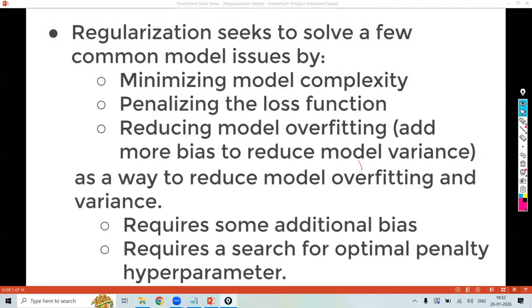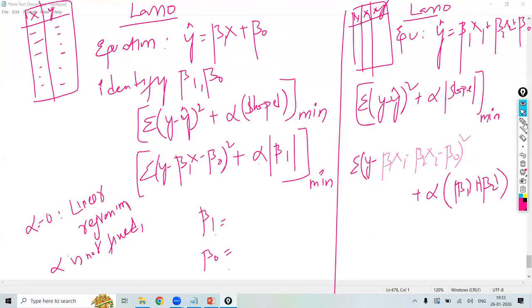Different alpha values will be there. Within those different alpha values, you have to identify the best alpha value. Is the point clear? And from this, you are going to calculate the beta 1, beta 2, and beta.